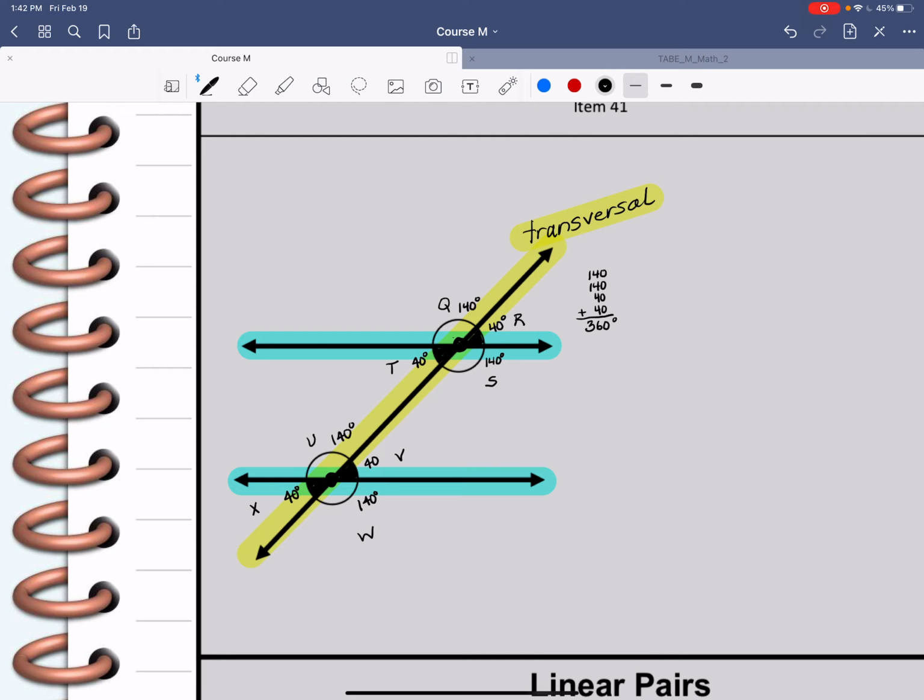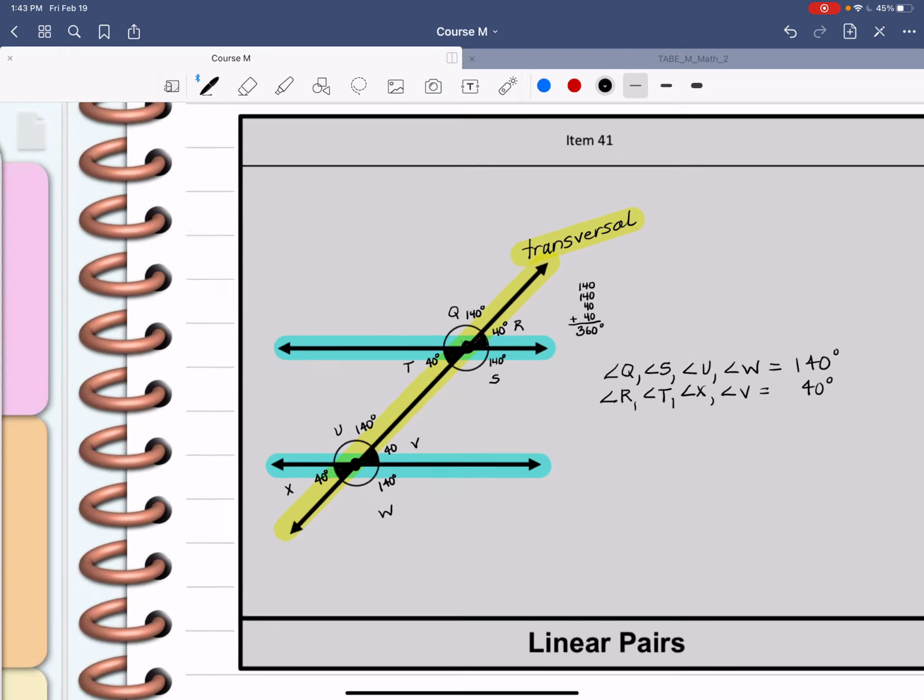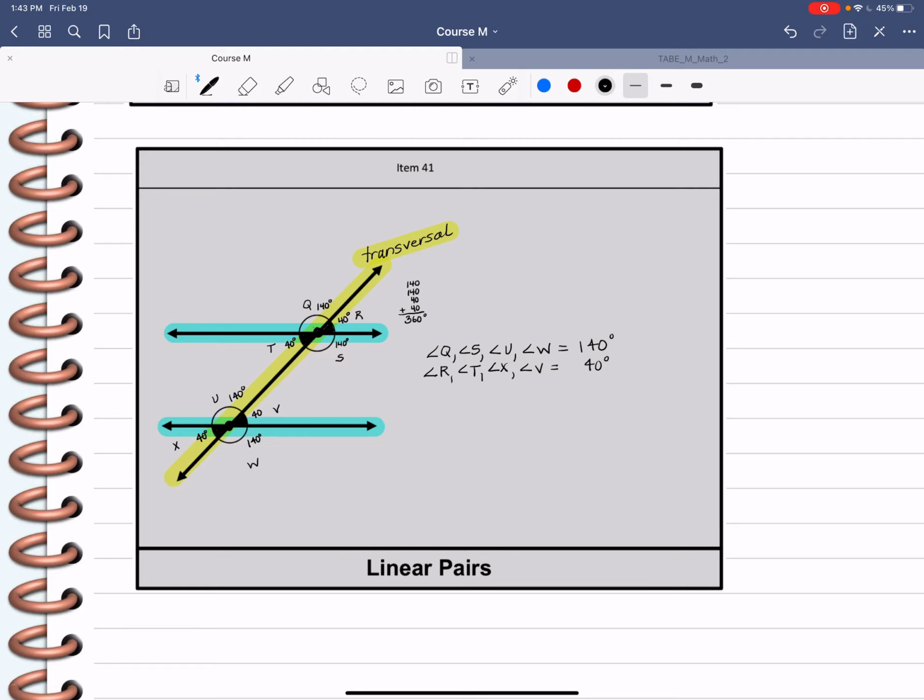So we can say that angle Q, angle S, angle U, and angle W all equal 140 degrees. That angle R, angle T, angle X, and angle V all equal 40 degrees. And that is an example of linear pairs.